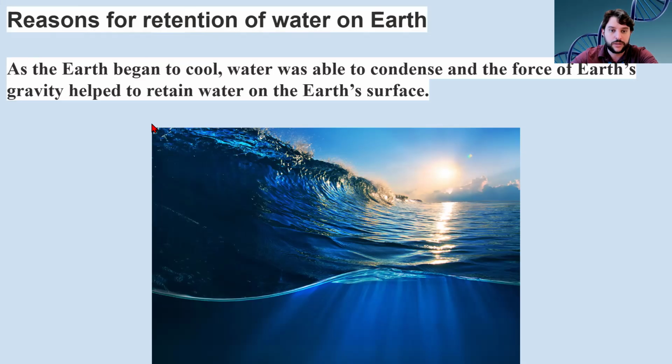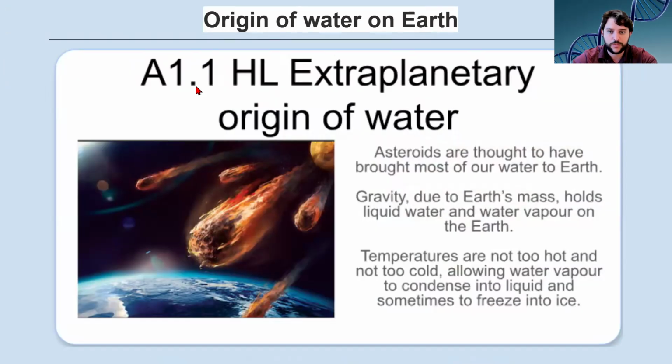Okay, so we believe that one hypothesis for the origin of water in our planet is that water came through several asteroids that hit our planet billions of years ago, and this water that came in form of ice or other components stayed here, okay? Stayed here because of gravity, and as the Earth began to cool down, this water was able to become liquid and condense, and eventually being retained and forming the oceans that we have, okay?